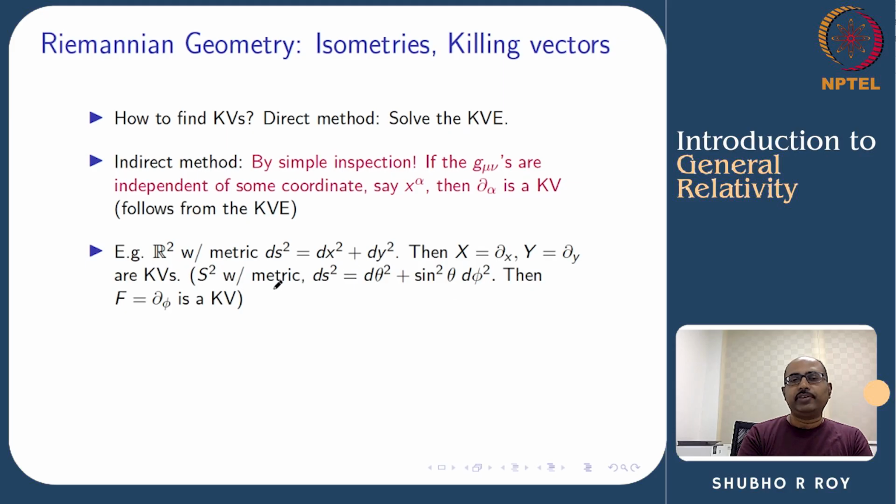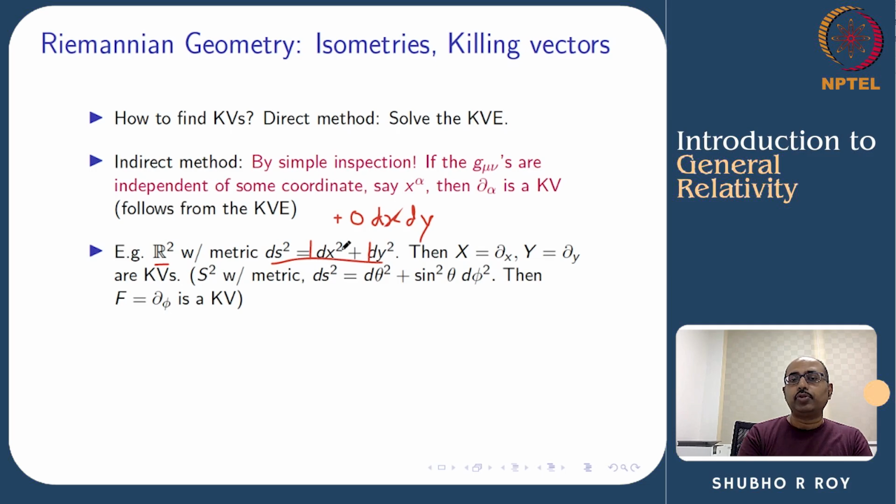I'll give a couple of examples. Let's consider the Euclidean plane in 2 dimensions, which is given by the line element dx squared plus dy squared. So the metric components are 1, 1, and there is no xy term, so the metric component g_12 is 0. The metric components are 1, 1, 0, and they do not depend on either x or y.